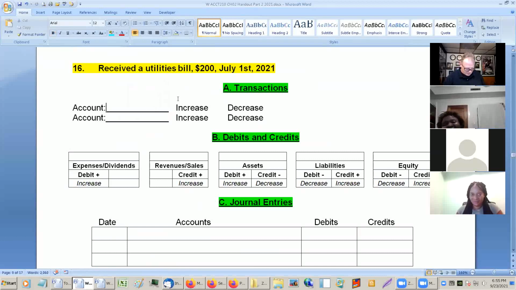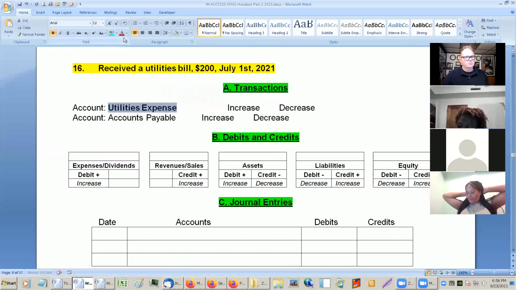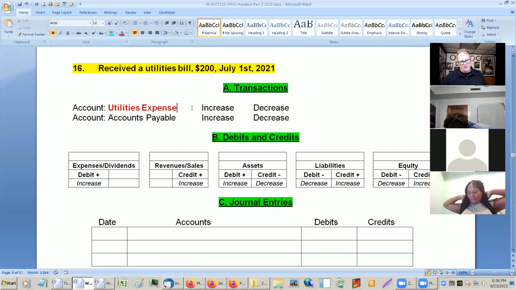So this will be utilities expense and accounts payable. So you receive the utility bill, but it's not paid, so it becomes accounts payable. Now we owe the utility company $200.